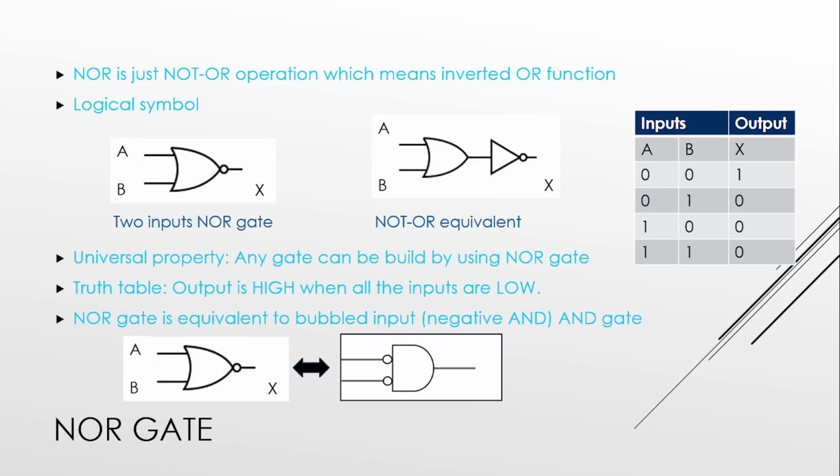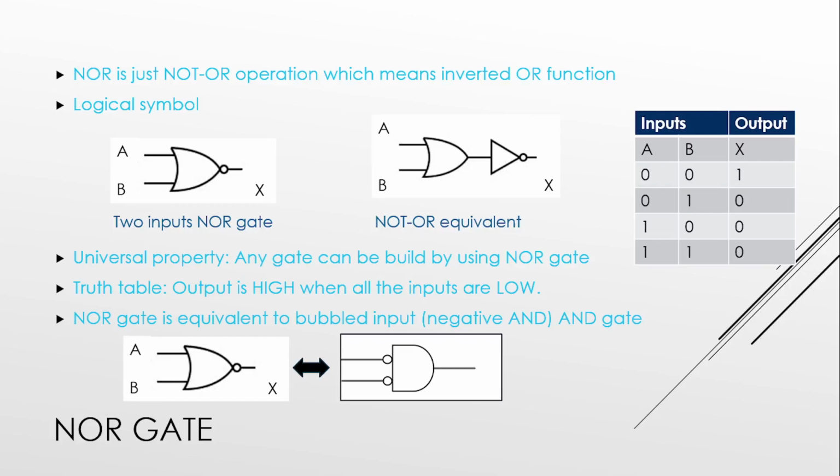If you look at the truth table, you will find that the output is exactly the inversion of the output of the OR gate. In case of OR gate, both inputs are 0, output is 0, but here both inputs are 0, output is 1. So it is an inverted OR function or bubbled OR function simply.